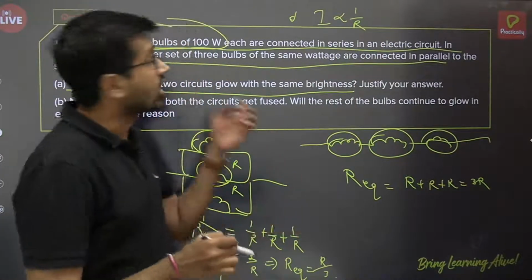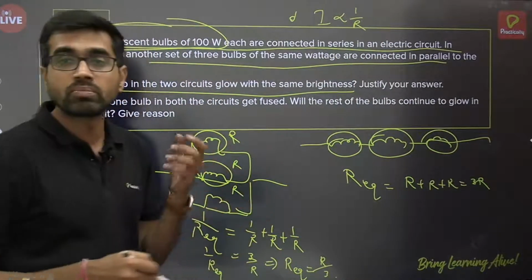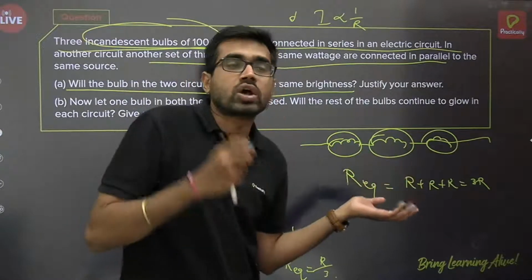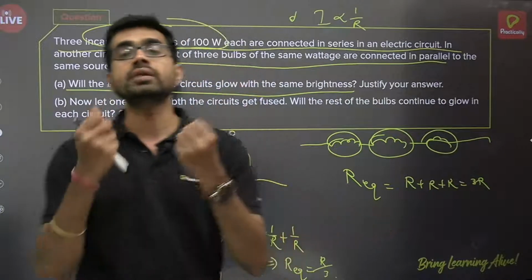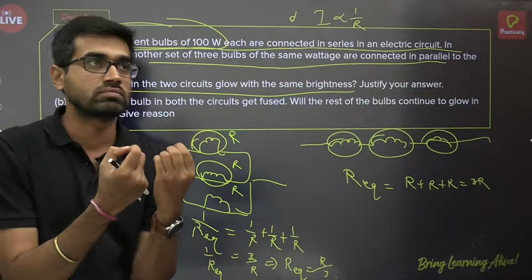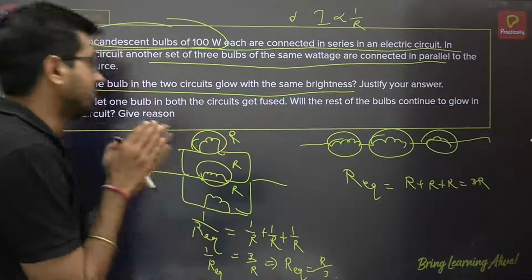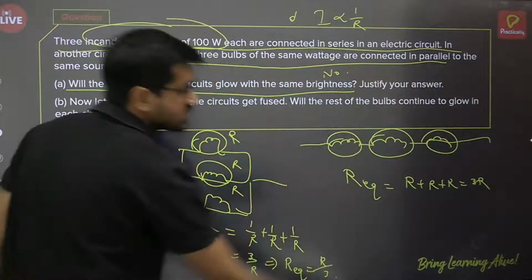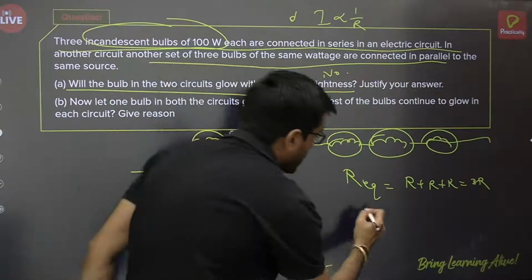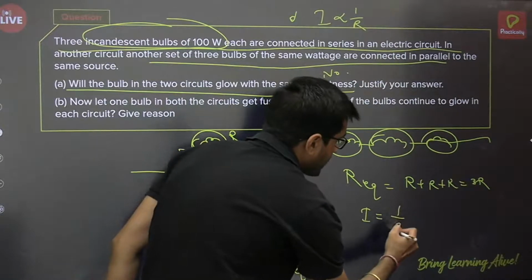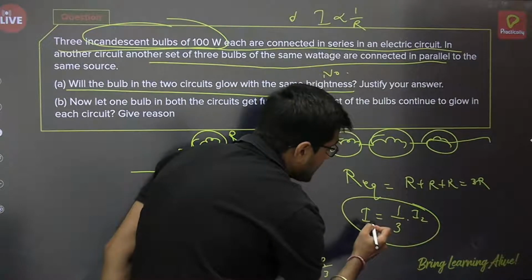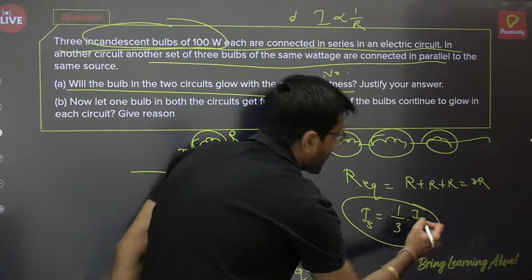Now this simply means that the series bulbs will glow a little faint because they are getting less current. High current will glow brighter, low current will be dim. So will the bulbs have the same brightness? No, because the net resistance is high, so the current will be low. So I in series will be 1 by 3 of I in parallel.